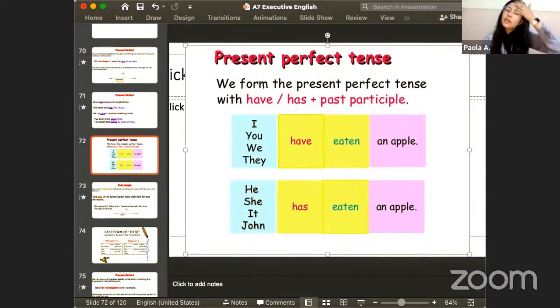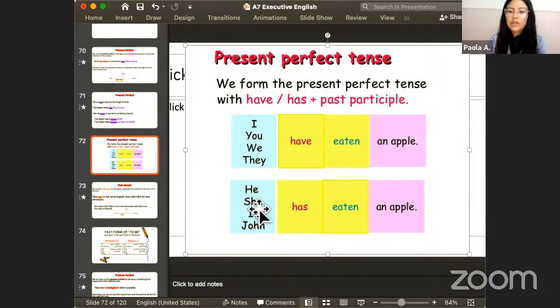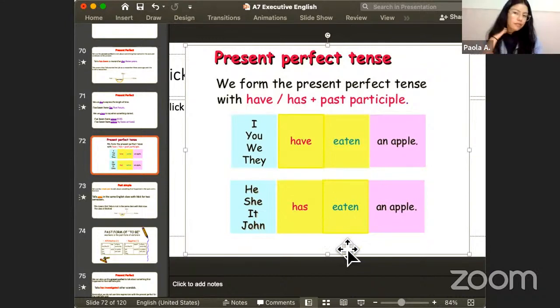So, like you just said, we use have with this subject, and we use he, she, it, has. However, we use the verb in the past participle. We practiced these verbs many times before, no? Hi, Gilbert. How are you? Hi, teacher. Okay. So we're using an example of the present perfect tense. All right. So it's not very difficult.